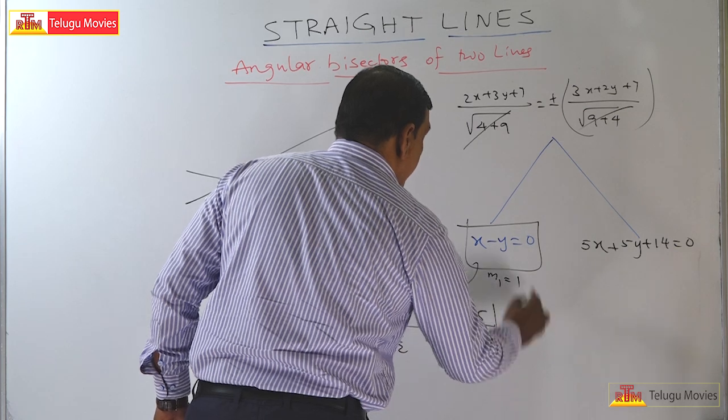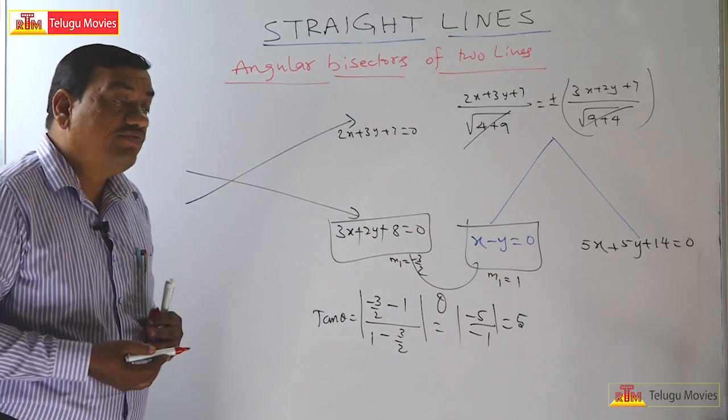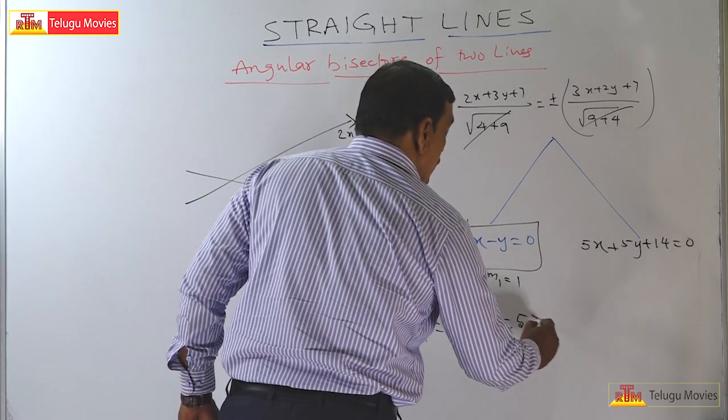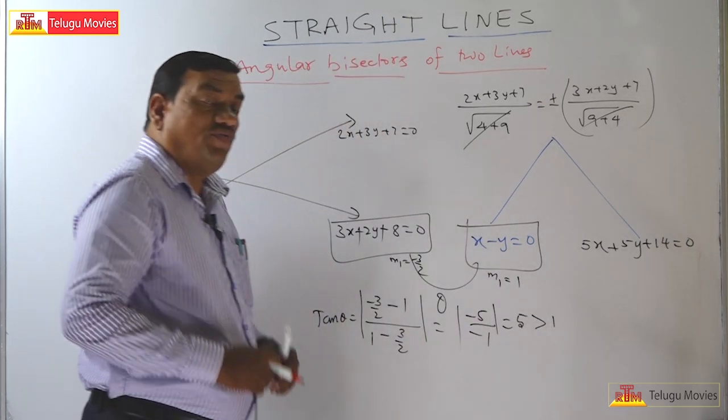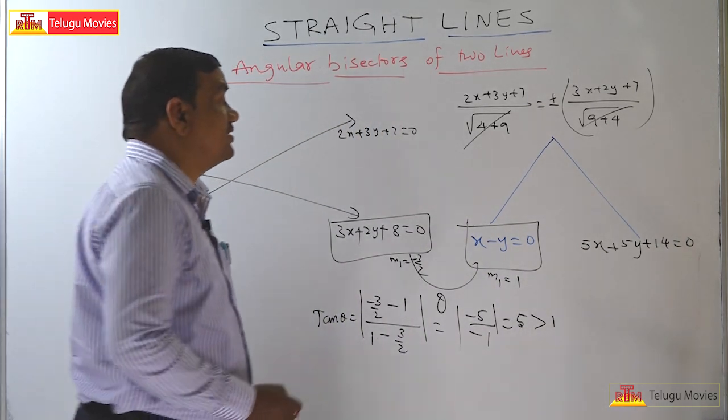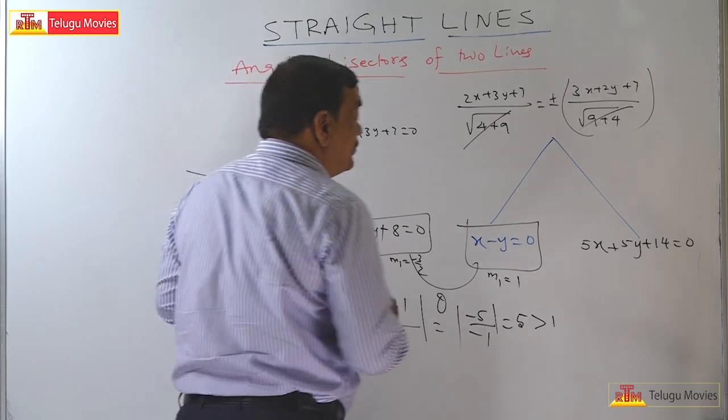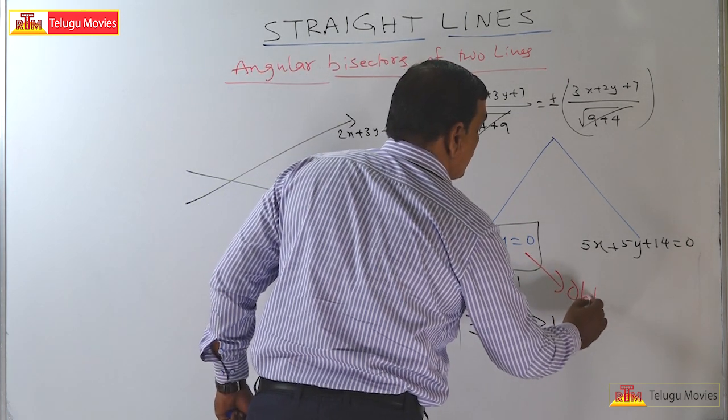How much are you getting? 5. You are getting more than 1. If you get a value more than 1, then this is the obtuse angle bisector.